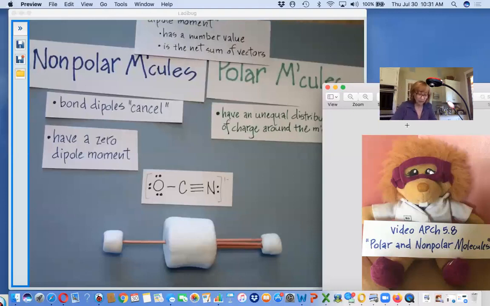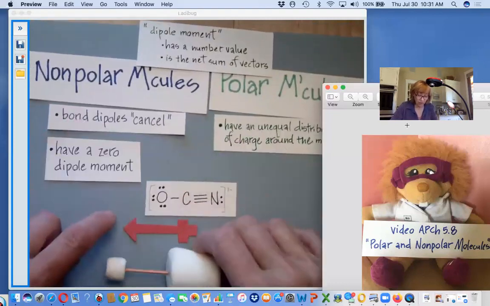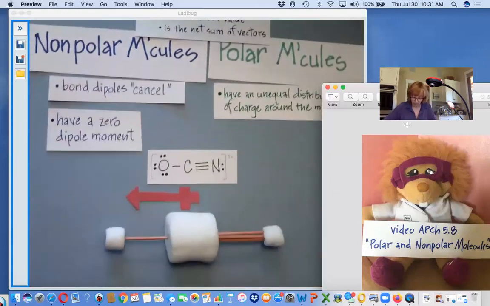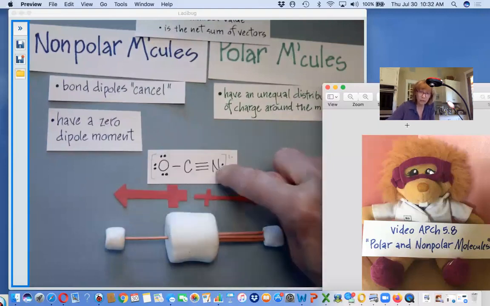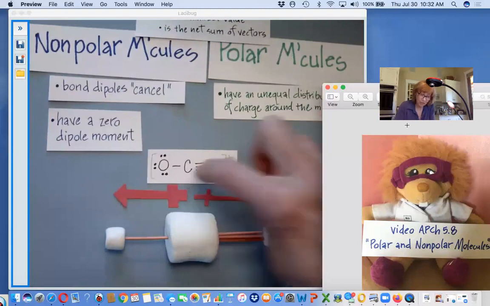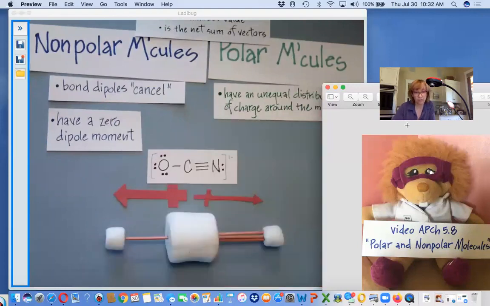So if I represent again the carbon-oxygen bond dipole like this, the carbon-nitrogen bond dipole also points toward the more electronegative atom, but it has a different magnitude. Carbon to nitrogen has a different bond dipole than carbon to oxygen.